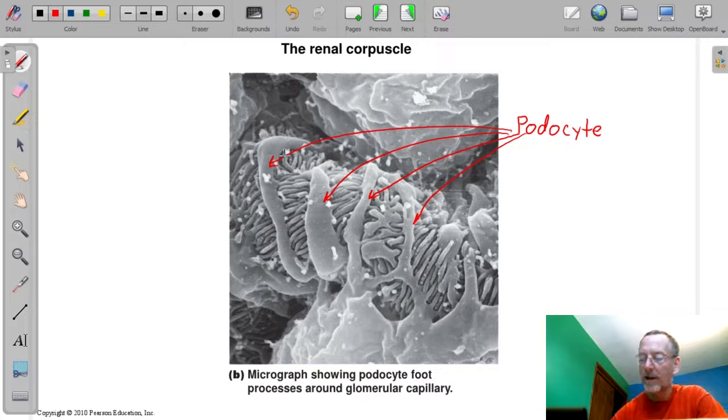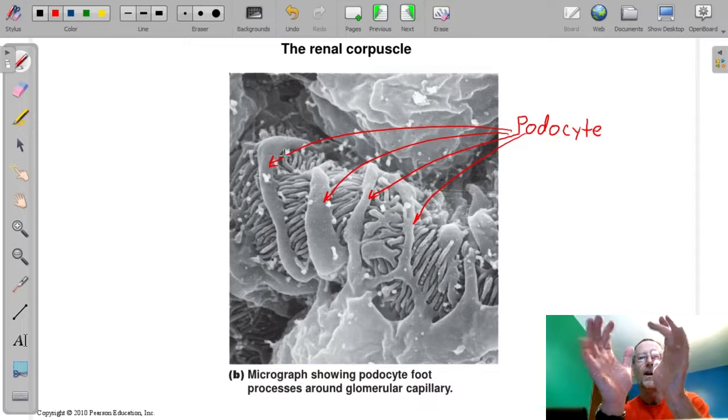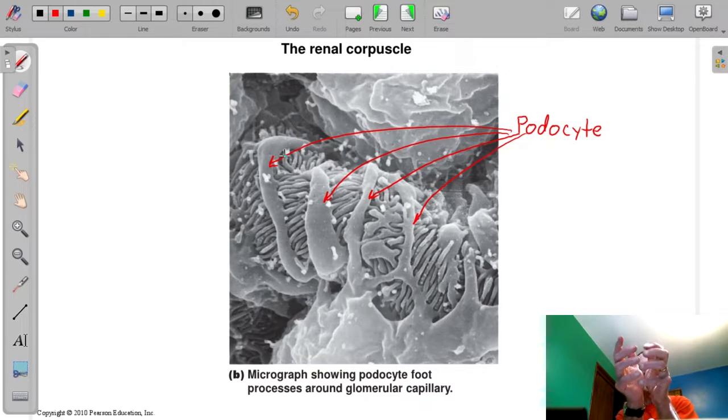And so if I'm still being filmed on the side, they look sort of like my fingers. And there are two podocytes that are wrapping around a capillary. And the fingers of the podocytes get together, sort of interdigitate, and they form these little filtration slits so that the filtrate is regulated during filtration. So, kind of an interesting picture, but let's move on.